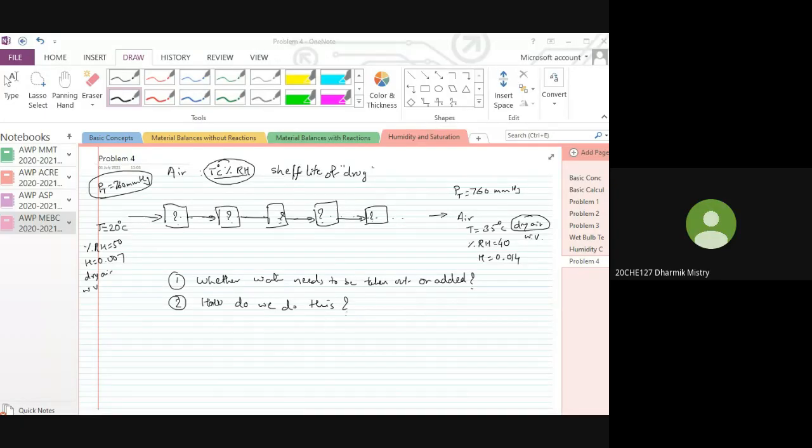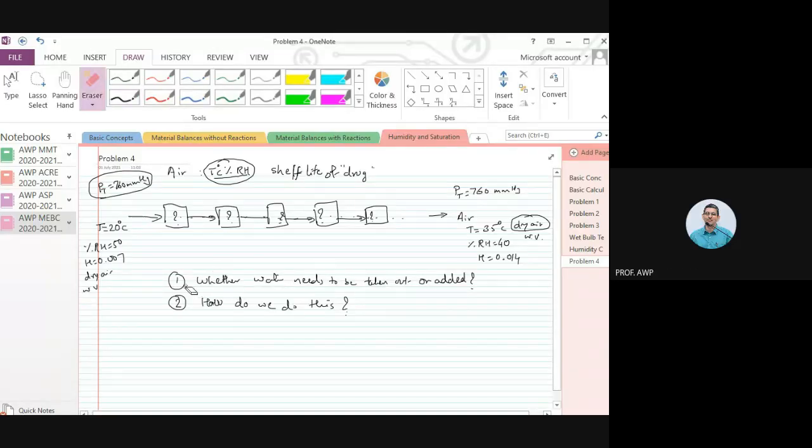Sir, can we just sprinkle some water in the chamber so it will mix up with the air? Okay, sprinkle some water, increase the liquid water, and then we can increase the temperature. So that is one option.